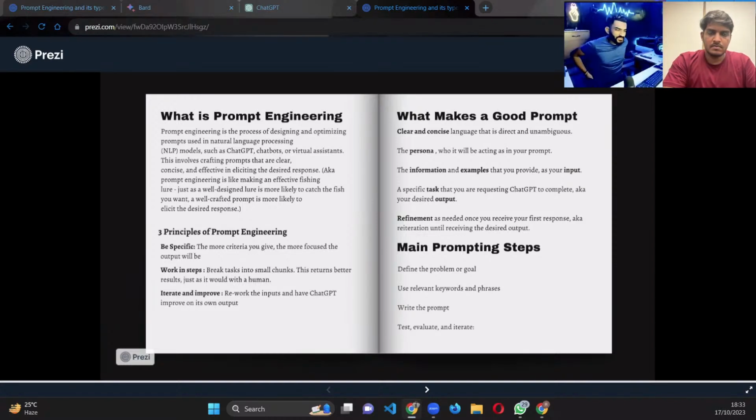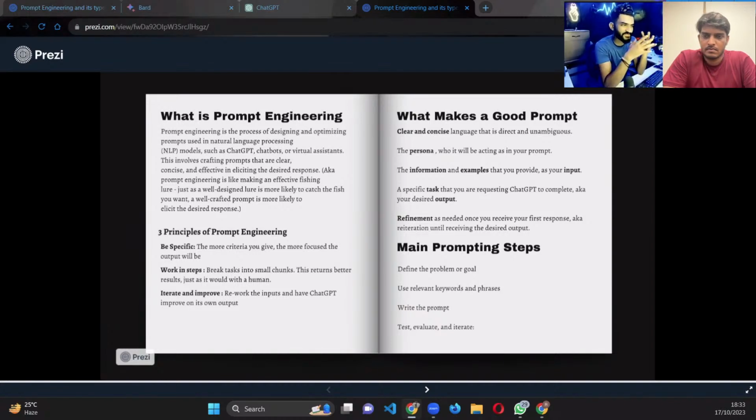Yesterday, we did some basics about prompt engineering and what ChatGPT is, and how they both are helping us in making our life easier. Today we are going to dive deep into what exactly prompt engineering is, how many types of prompt engineering there are, and what the different types of prompts are that we can ask our AI models to get the right solution.